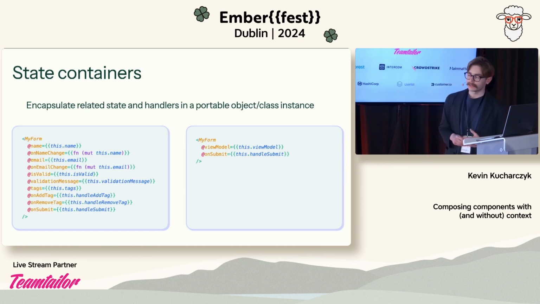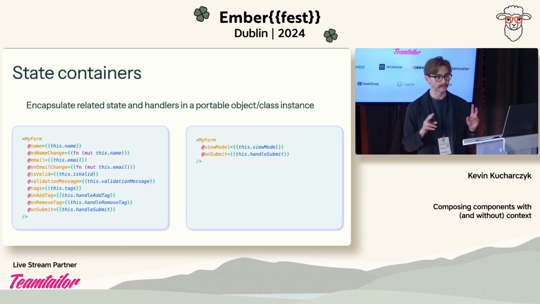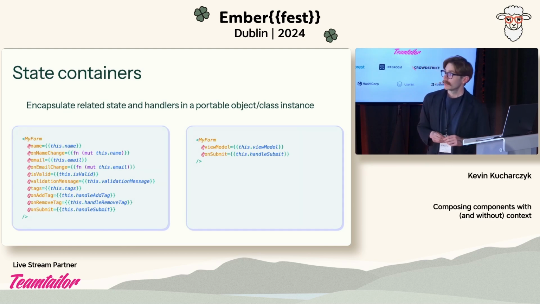And depending on the complexity of your business logic component, you might end up with dozens of arguments to make a certain thing happen. So this can be addressed if we wrap up certain functionality into one little state container, you could call it. And Changesets is an add-on that could describe the situation well, where we wrap a class or object into a container that also contains things like validation or dirty tracking.